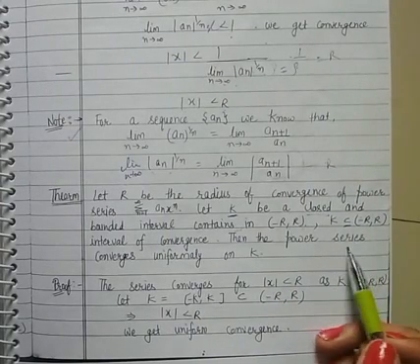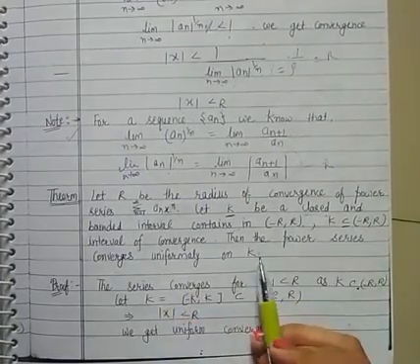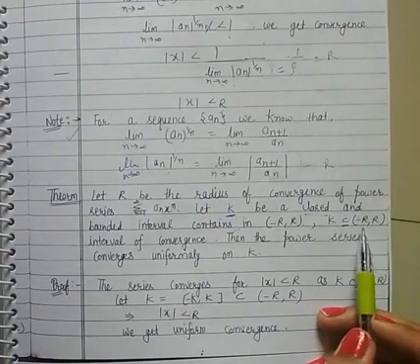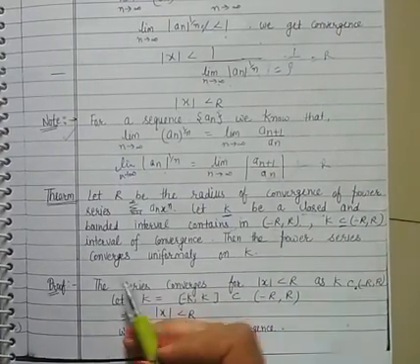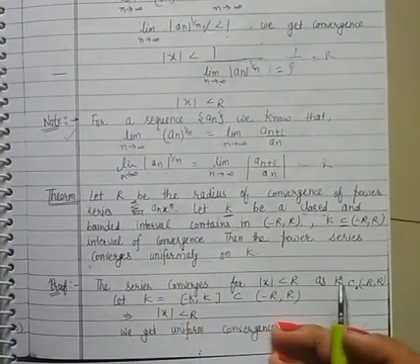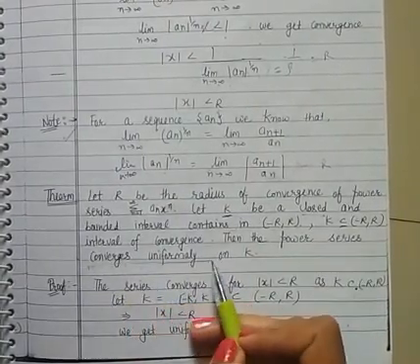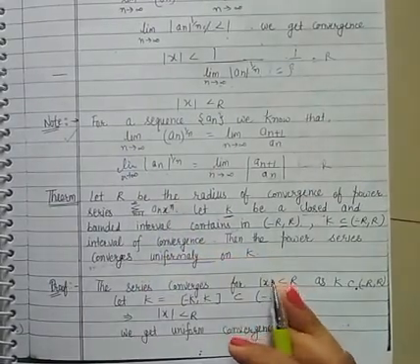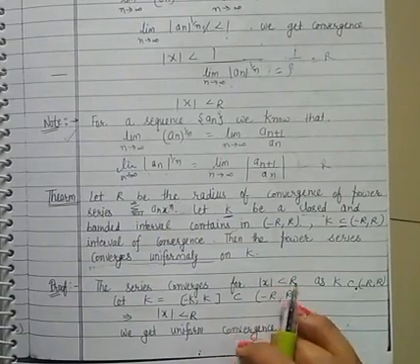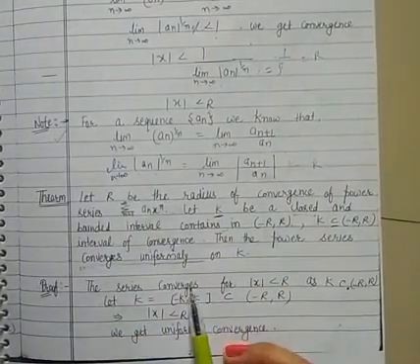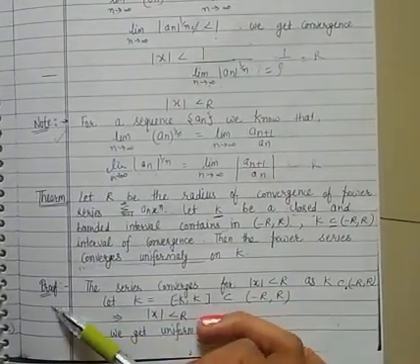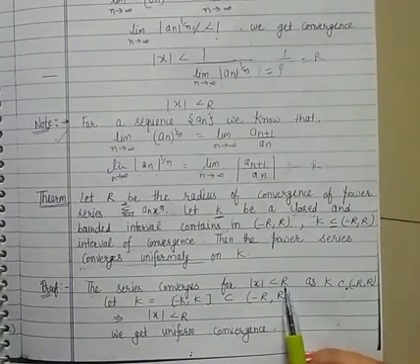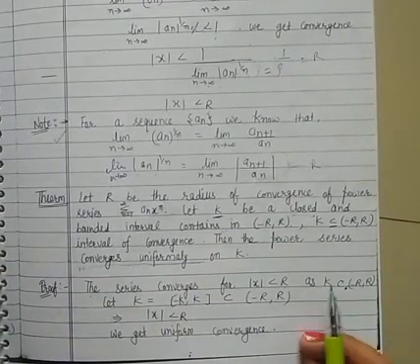Okay, then the power series converges uniformly on K. That is, for each closed and bounded interval which is contained in (-r, r), you get the uniform convergence. Because the power series summation a_n x^n can be looked at as a series of functions also. Now for the proof part, the series converges for |x| less than r. Okay, this comes from the definition.